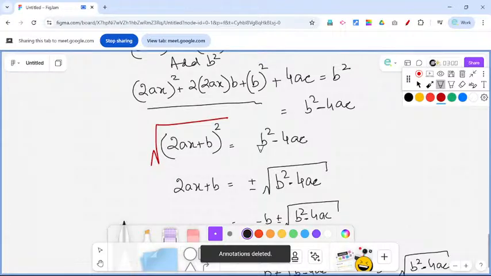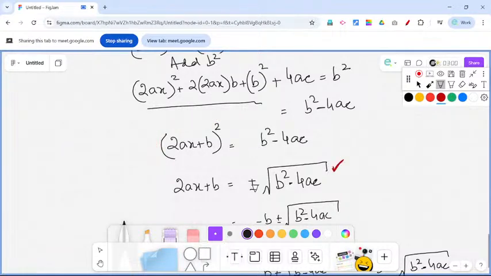और यहां पे b² माइनस 4ac का स्क्वायर रूट। Now this can be both positive and negative, because suppose if I have 25, 25 का square root क्या है, that can be plus 5, it can be minus 5, because minus 5 into minus 5 is positive 25. Therefore इसका square root will be plus or minus.